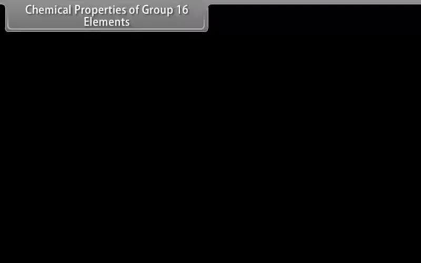Chemical properties of group 16 elements. Oxygen is the most reactive of these elements. Some important trends in the chemical reactivity of the compounds of these elements are the following.